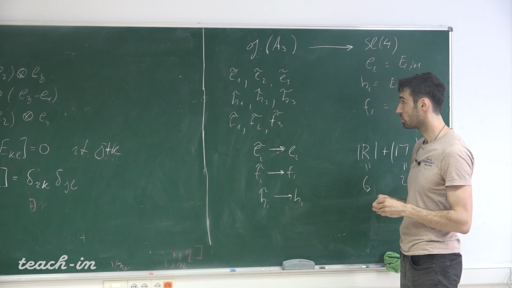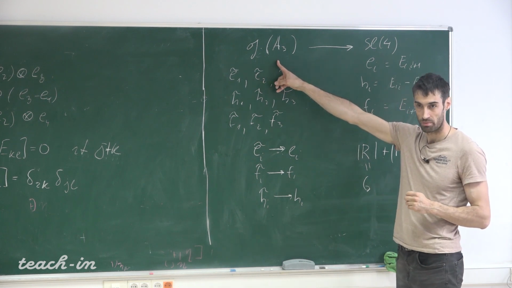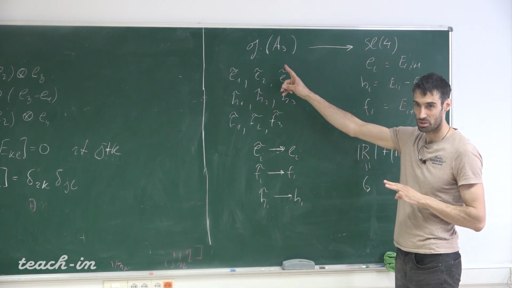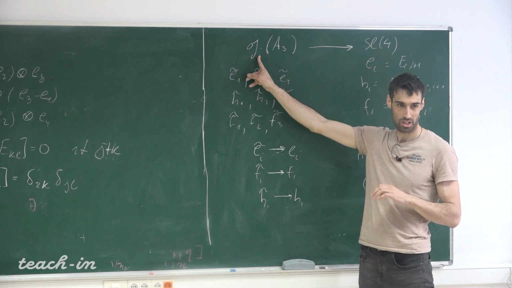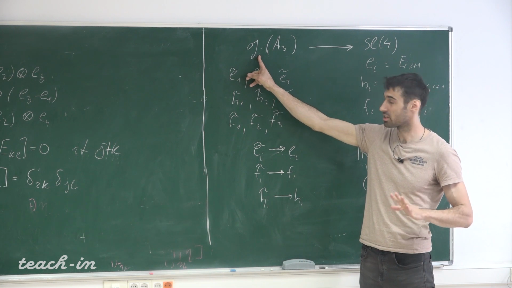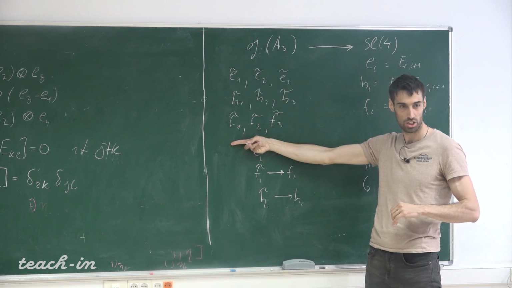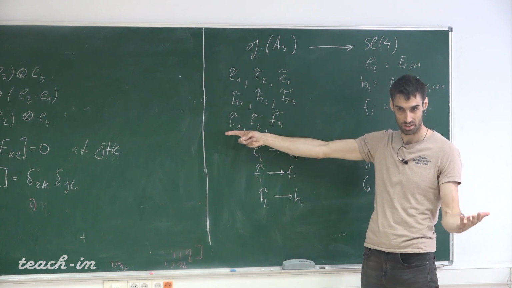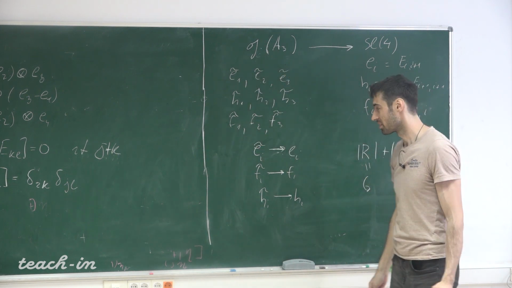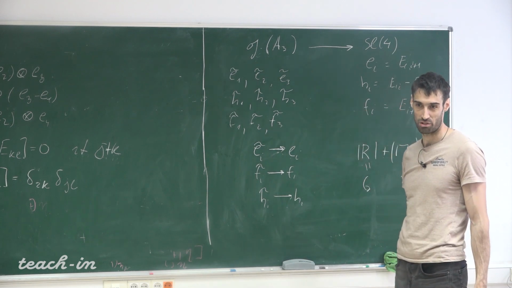So the idea is to see at least for A3. And the hard part is to actually compute the dimension of this without the Serre theorem. I'm just having these generators and relations. So what then can I say about this algebra?